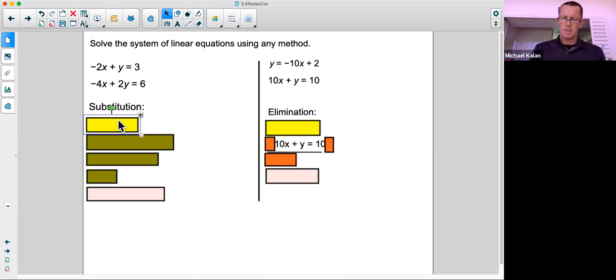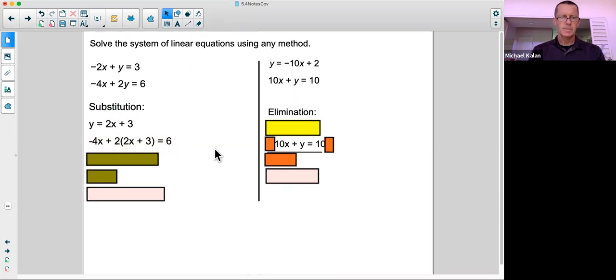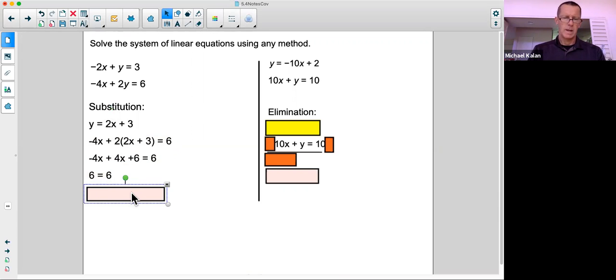So I'm going to add 2x, and then I'm going to plug 2x plus 3 in for the y in the other equation. And you did this, which means what? Infinite number of solutions. Notice again, if you multiply the entire top equation by 2, it would be this one.